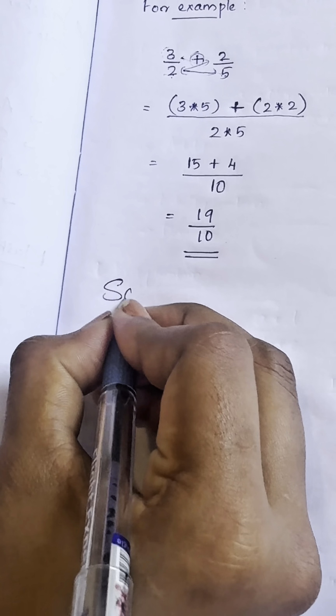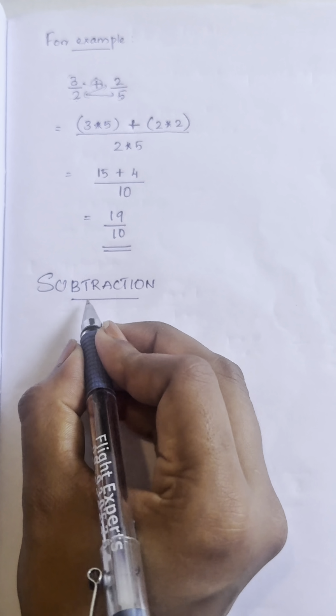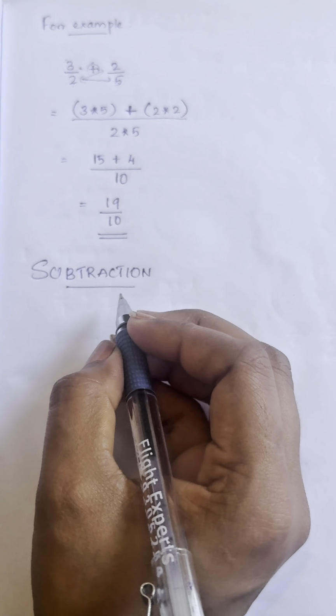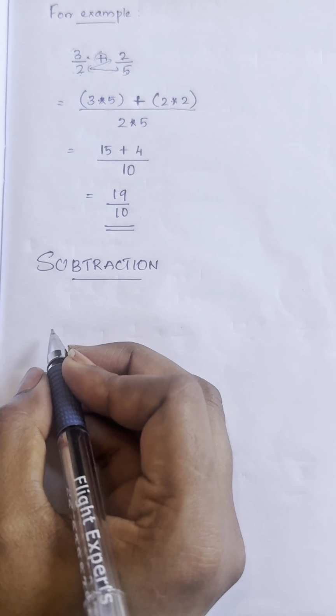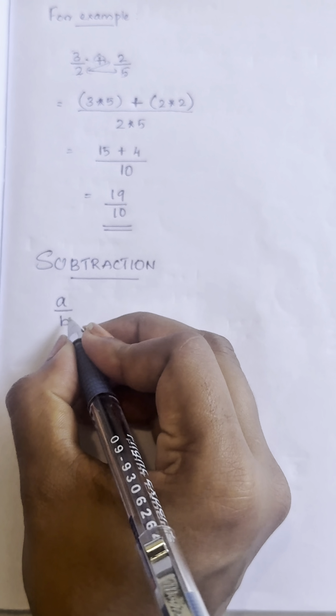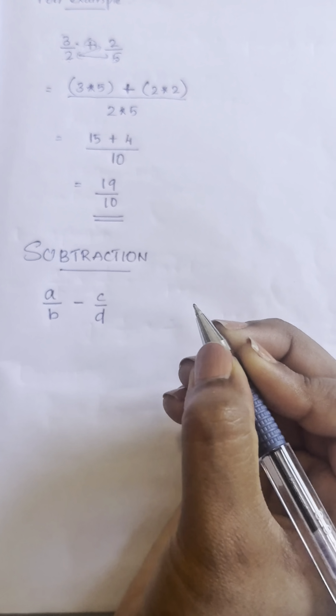So next we can go over subtraction, which is kind of similar to addition. We can again take the same two variables, that is a by b as the first fraction subtracted from c by d.